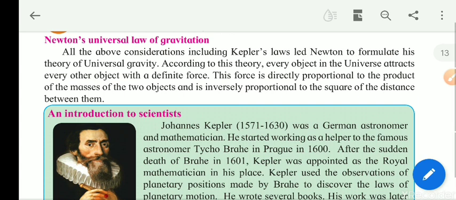Now the question comes, if they are attracting each other, then why is the earth revolving around the sun? The explanation for it is given by the scientist Newton.